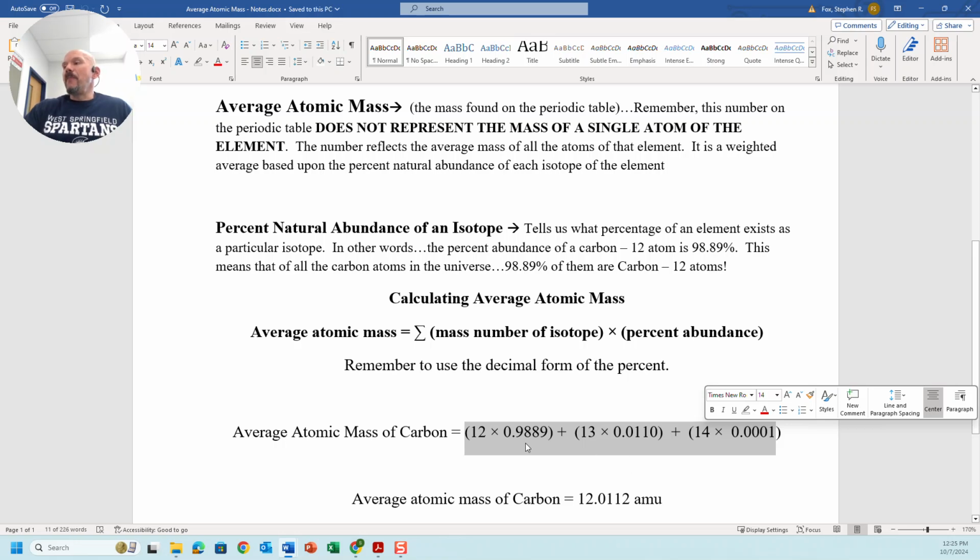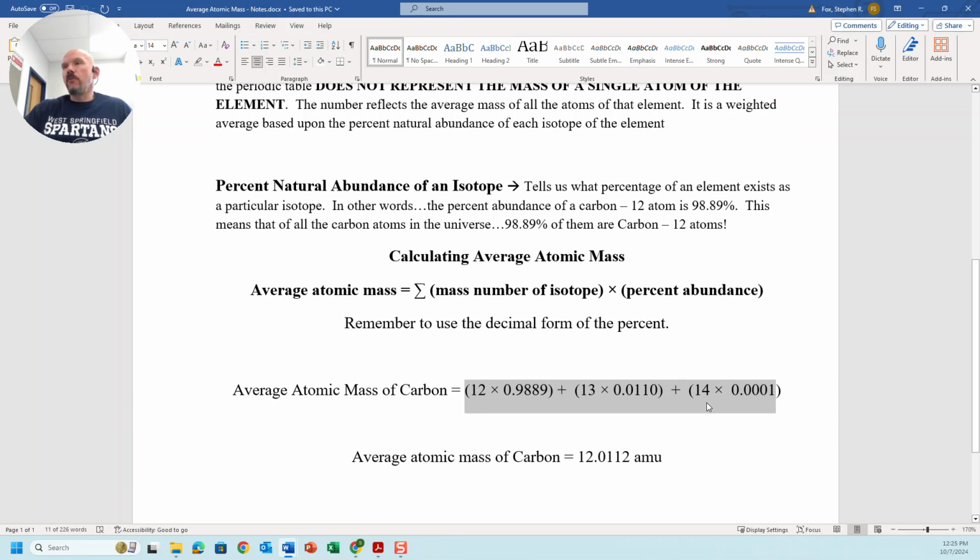Understand that if my mass numbers are 12, 13, and 14, when I calculate the average, it has to be somewhere between 12 and 14. So if I don't get a number in between 12 and 14 when I do this calculation, then I made a mistake somewhere. Maybe for this one I said 0.1 instead of 0.01. Maybe I didn't move the decimal place to the left 2 times.